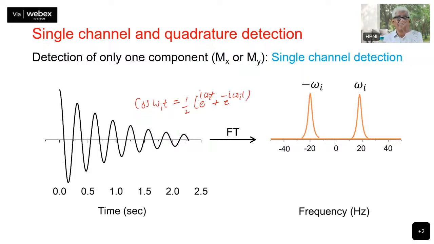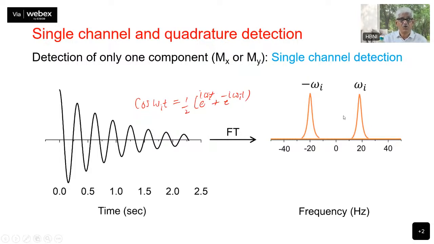So this is actually a sum of two frequencies, omega i and minus omega i. So when you do a real Fourier transformation, I get two signals, one at minus omega i, the other at omega i. Although this is an artifact of the Fourier transformation. The real frequency is only one. But since I am collecting only one component, I am getting two signals here, one at omega i and one at minus omega i.